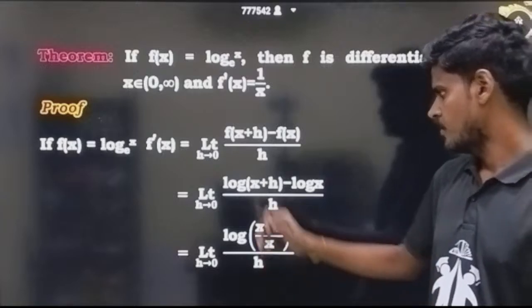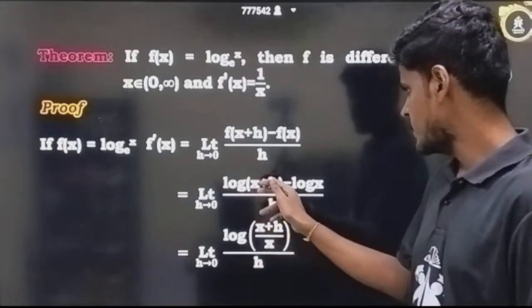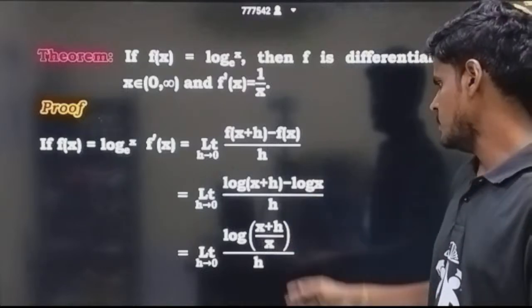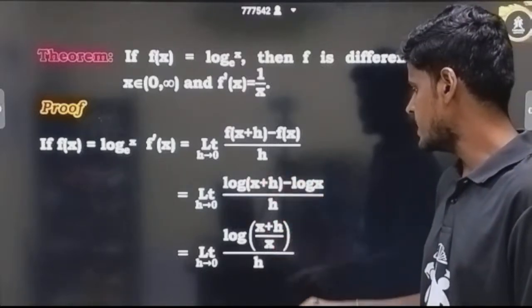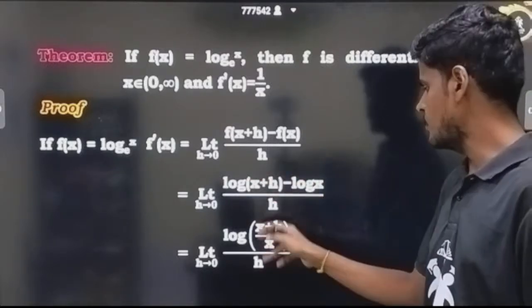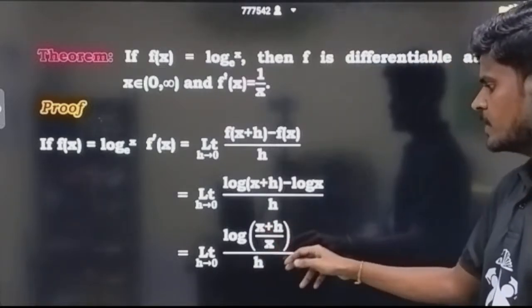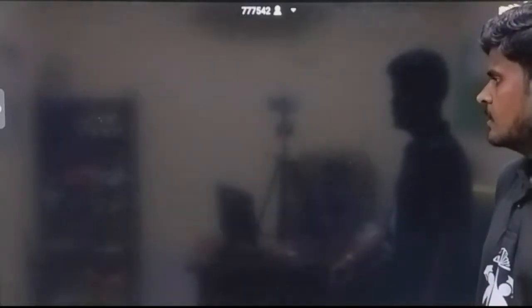Log a minus log b is log a by b. So this is log of x plus h by x. We can divide by x. This will be 1 plus h by x, divided by h.